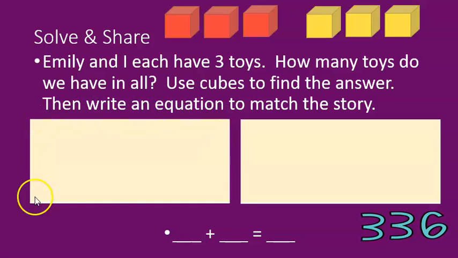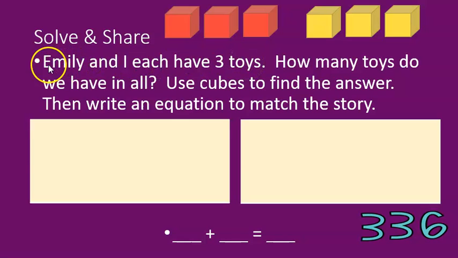So, this rectangle is Emily, and this other rectangle is I, because there's 2 people that are talking right here, okay? Now it says, Emily and I each have 3 toys.